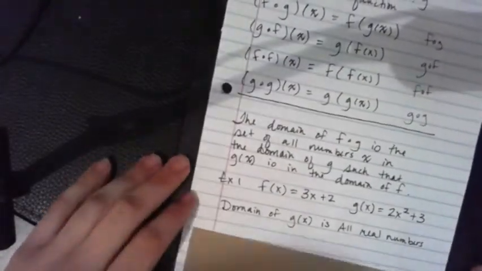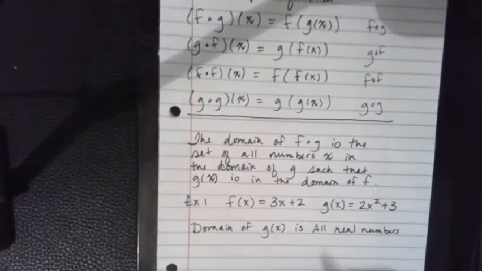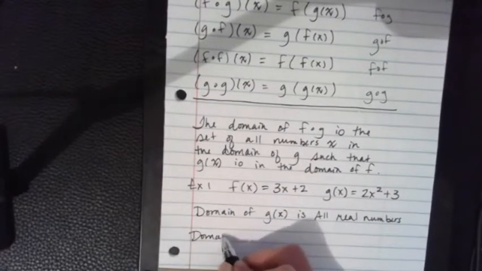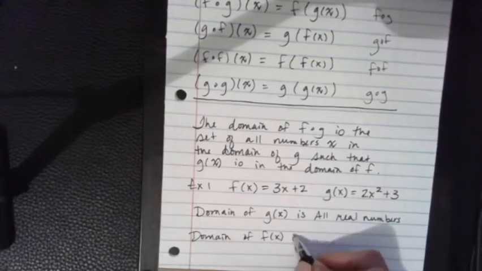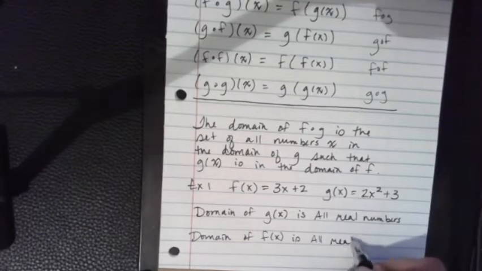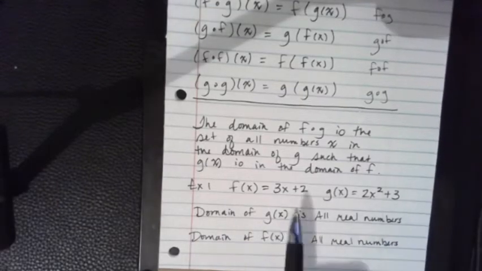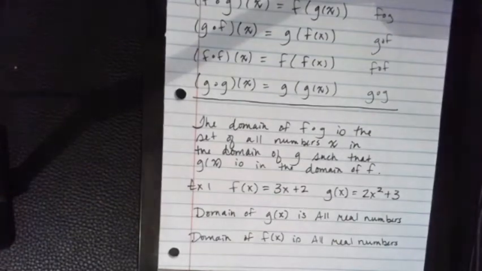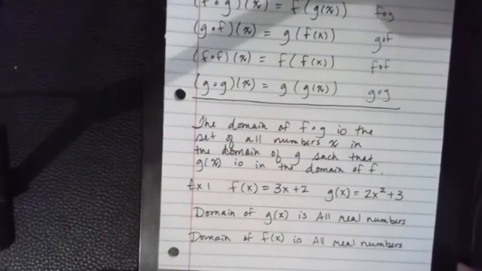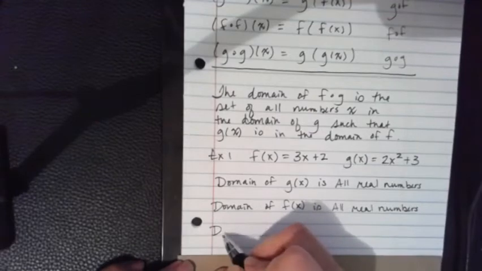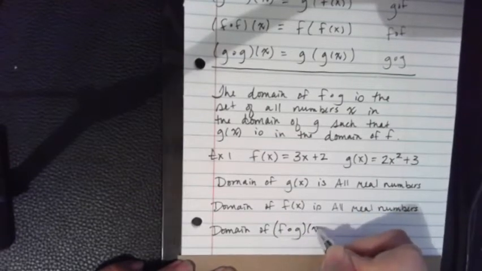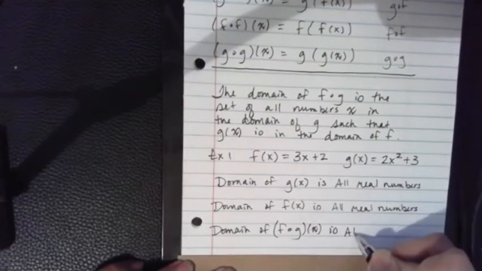And the domain of f of x is also all real numbers. The first one is linear, the second one is quadratic. We know the domains of these are all real numbers. So I don't have any domain restrictions in g of x. I don't have any domain restrictions in f of x. And that means that my domain of f composed with g is also all real numbers.